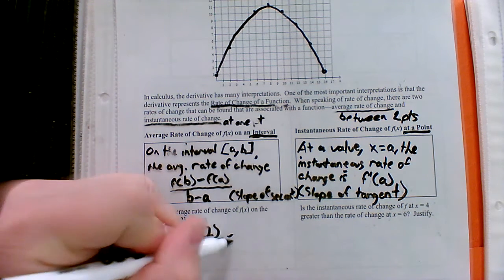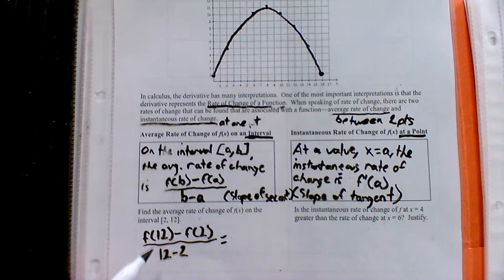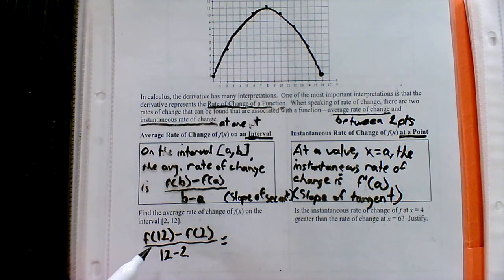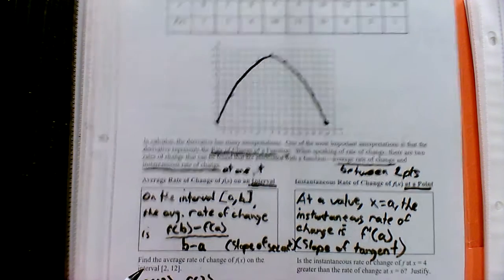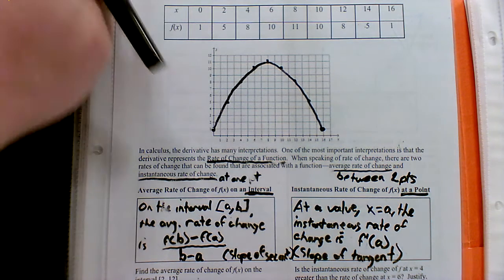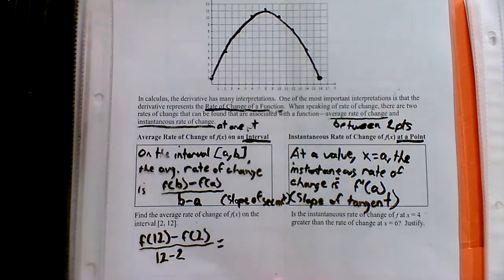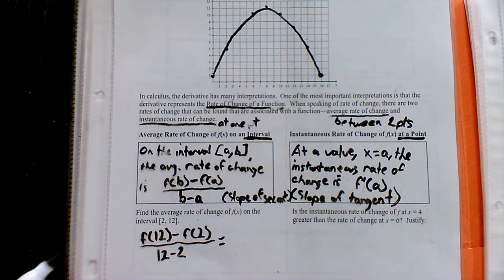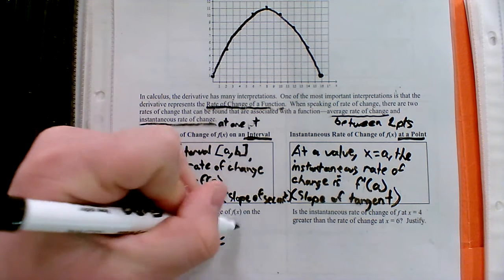Okay, well now we actually need to go up above to find what our values are. So at 12, you can either look at your graph or at your table from up above. You have both. If you apply the function at 12, what is our answer? Use your chart or the graph, it doesn't matter. F of 12 is what? 8, very good.